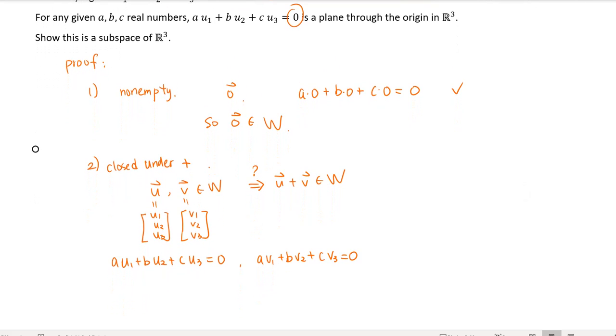Okay, now we want to ask whether U plus V is in W. But what is U plus V? Well, when we add two vectors, we just add the entries respectively.